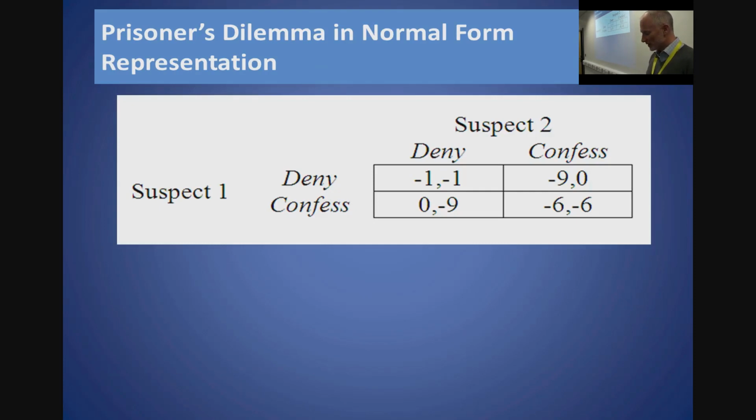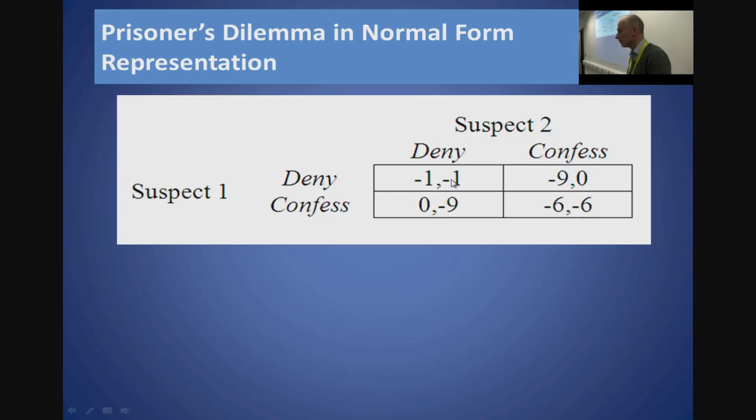Now in this matrix, we have our suspects, suspect 1 and suspect 2, and these two players can choose over 2 available actions: deny or confess. And when the suspects choose a combination of actions, it then leads to a certain time in prison.